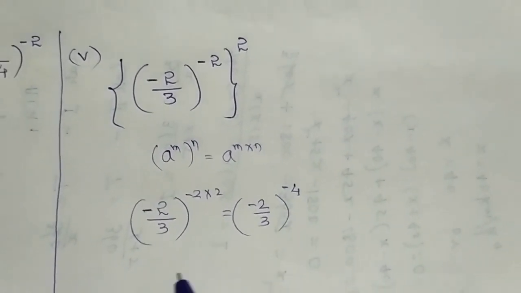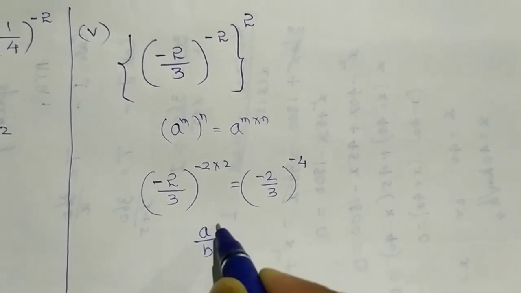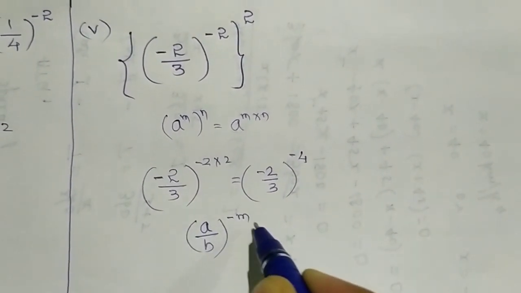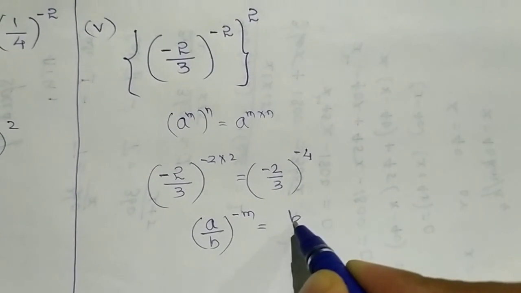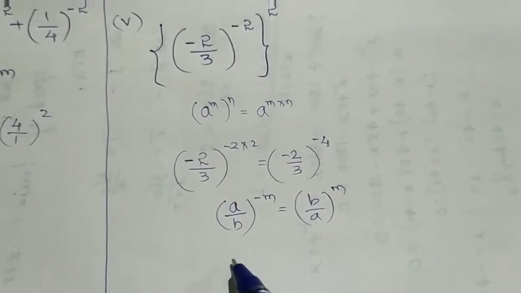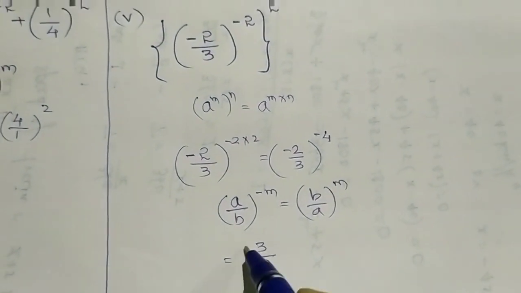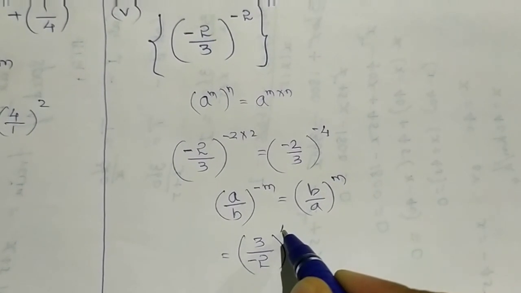Again using the law of exponent, a by b whole power minus m gives us b by a whole power m. Applying here, we will get 3 by minus 2 whole power 4.